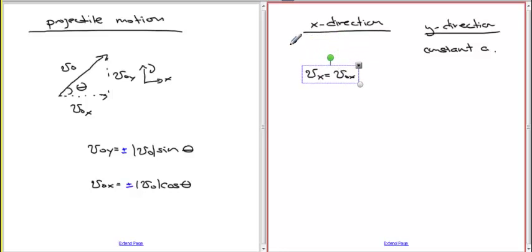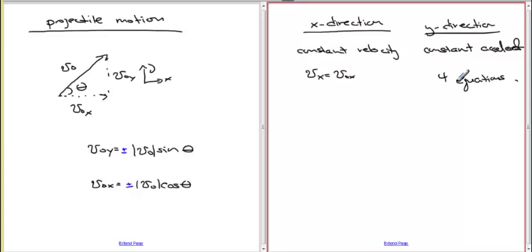It's also constant acceleration, but it's 0. So there's only one equation when you have constant velocity, and it's that velocity is constant. And then you have your 4 equations here. And the thing that keeps these things together is time. That's the one variable that links the x and y directions.